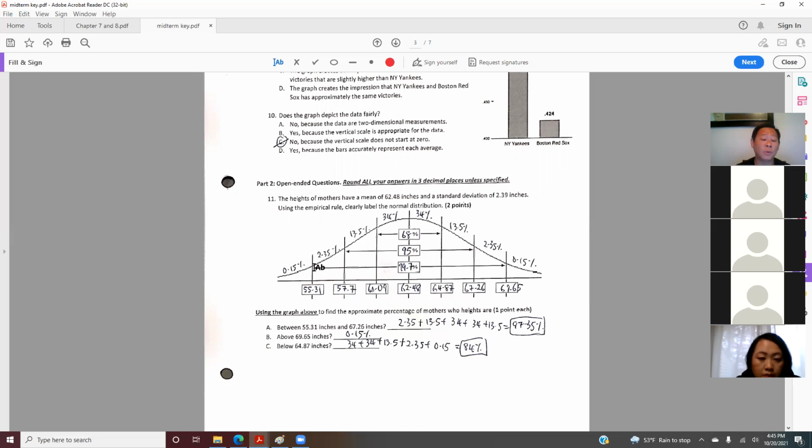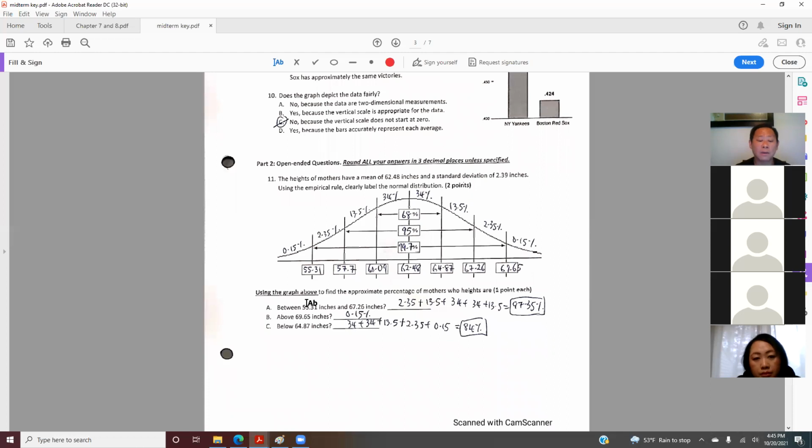And then you subtract 2.39 to get the rest of this. The percentages here are fixed, 34% on this, 13.5, 2.35, and 0.15. And then you just need to add them correctly between 55.31 to 67.26.